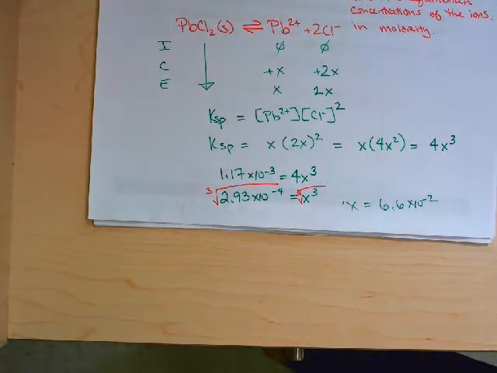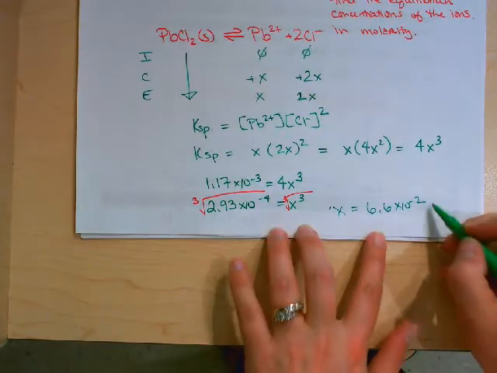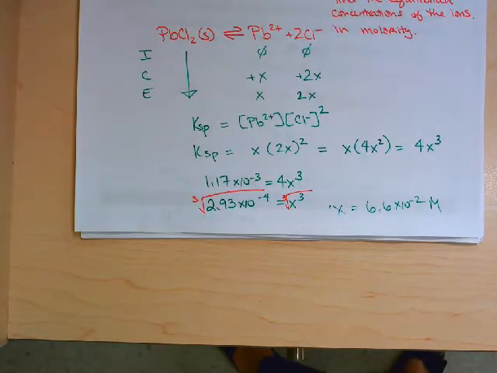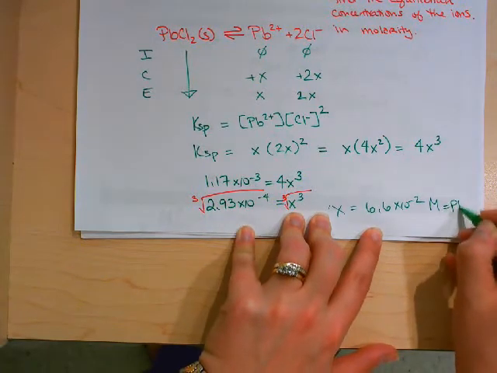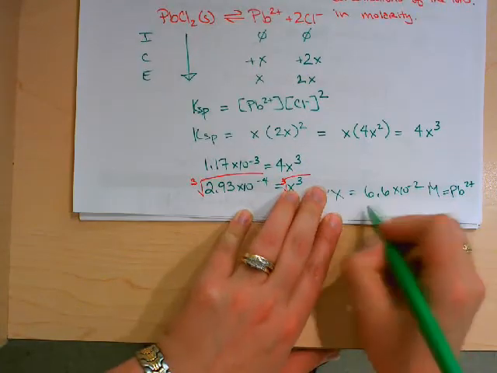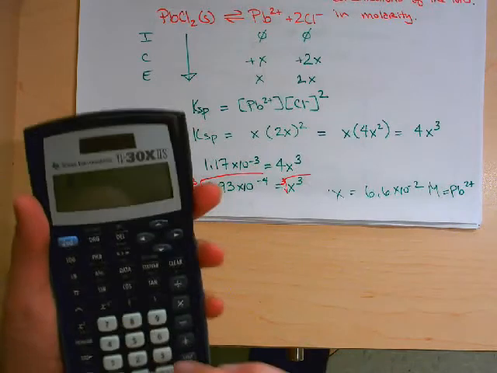Alright, so which concentration is this referred to? Lead. How do I find the chlorine concentration? Multiply by 2. So this is just for the lead 2 plus. I would multiply it by 2. What is that?